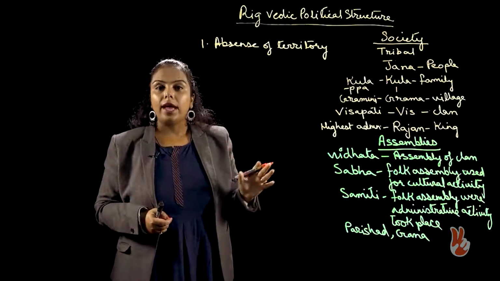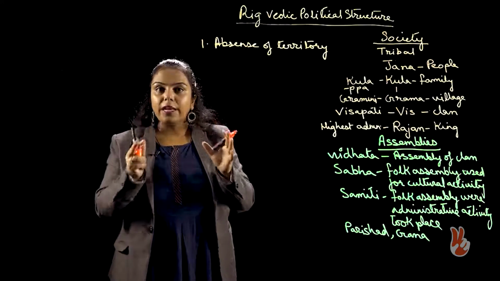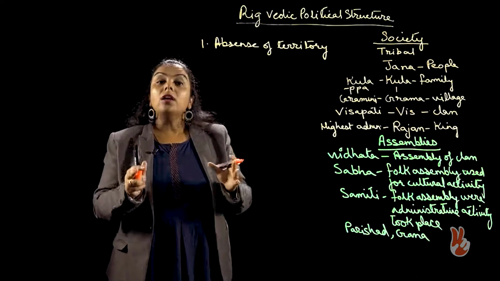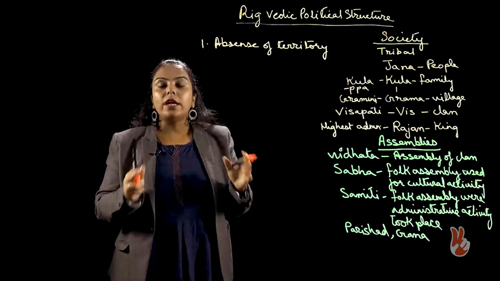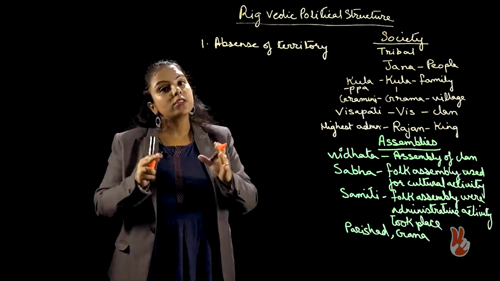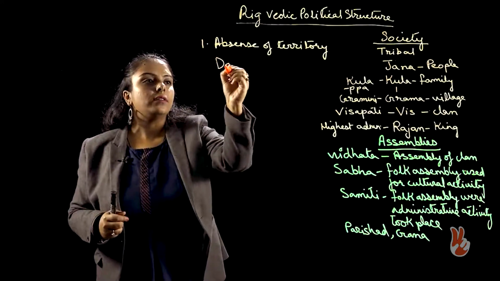only read about the clan. What is the very important example that we find in Rig Vedic books where the clan is mentioned? The story of the Battle of Ten Kings is the famous story given in Rig Veda, also known as Dasarajan Yuddha.